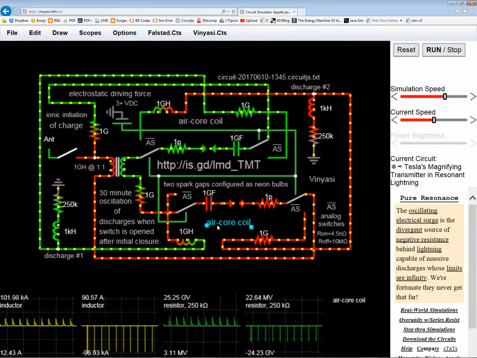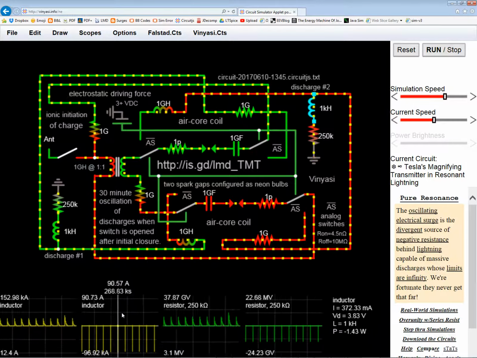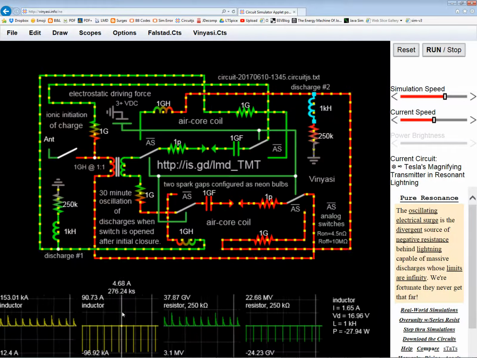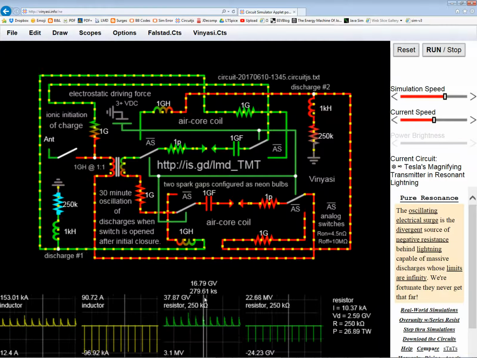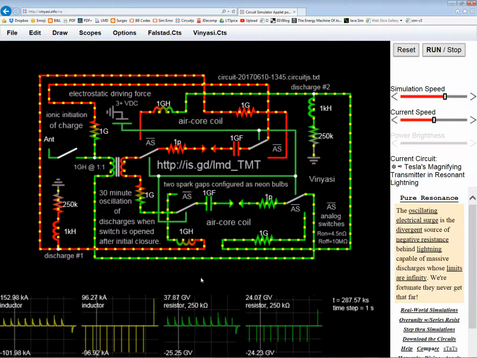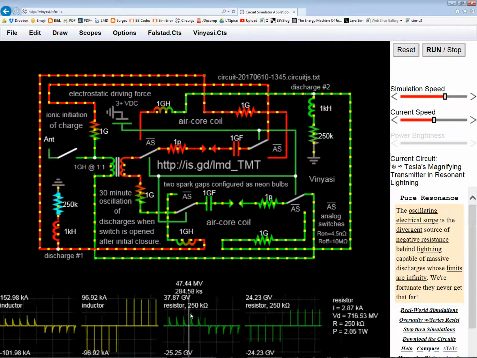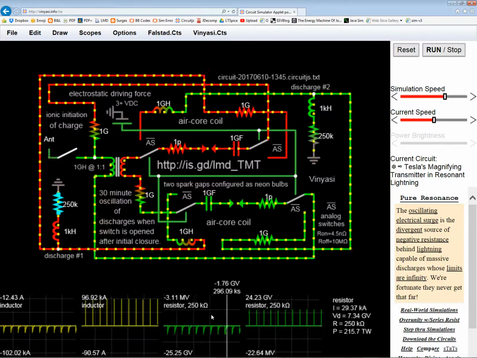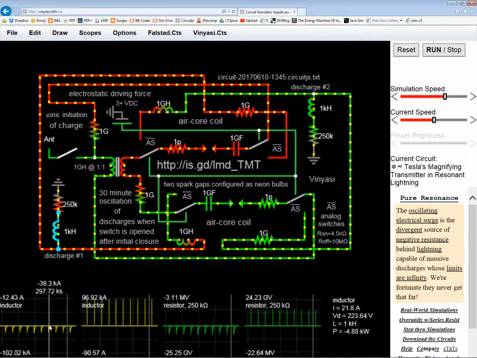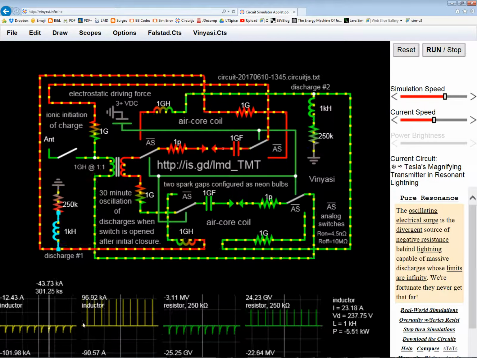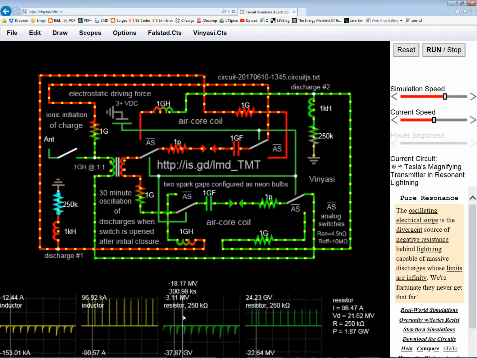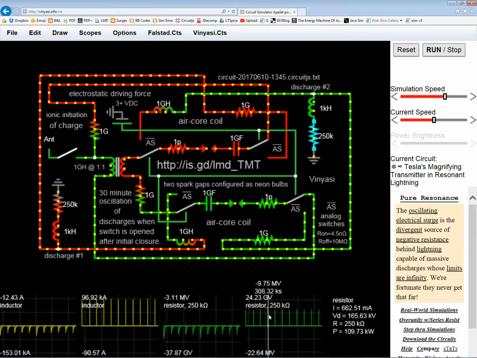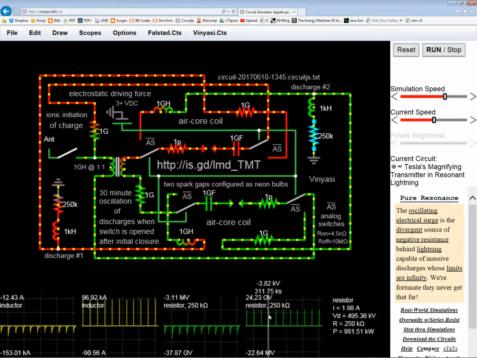It doesn't stop, putting out spikes of 100 kiloamp spikes and 40 gigavolts, or 25, depending on which one you're looking at. Oh, actually, this spike is only 12 amps, and this one is 100. And then now this is 3 megavolt spikes, and this is 24 gigavolt spikes.